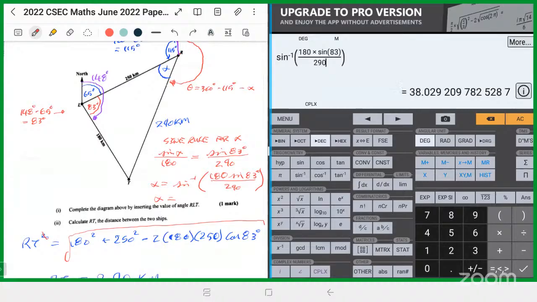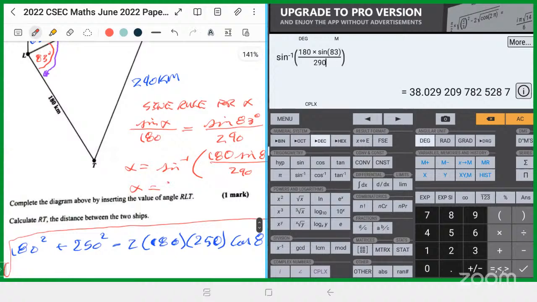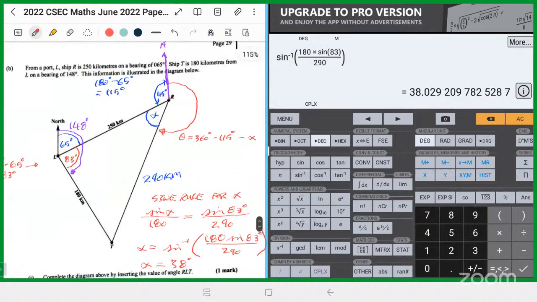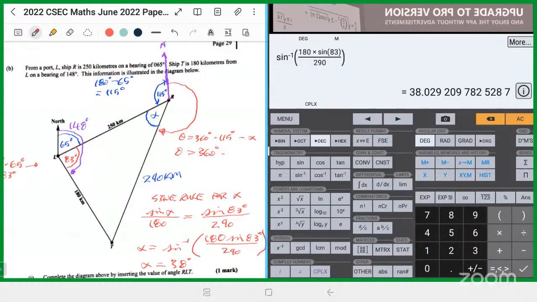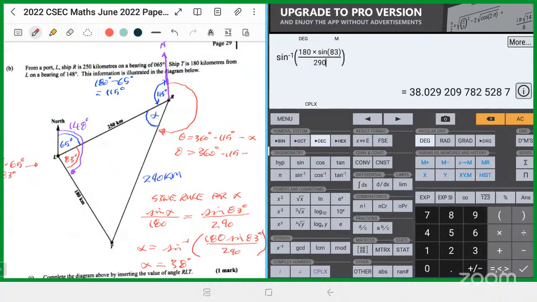That's 38 degrees, 38.0. So the bearing then becomes theta equals 360 minus 115 minus 38 degrees.